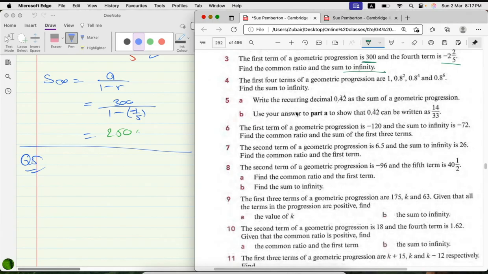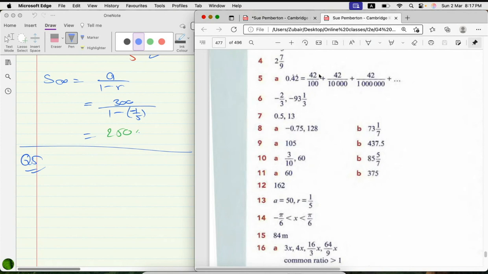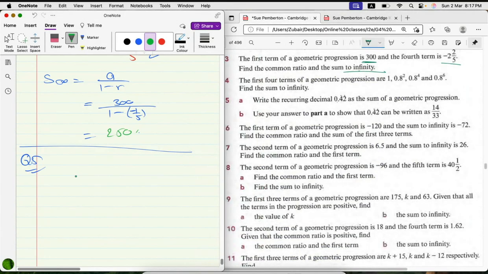Basically 0.42, when it is recurring, could be written as 0.42, 42, 42, 42.